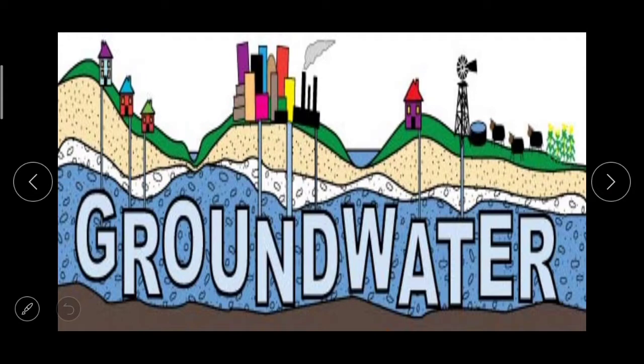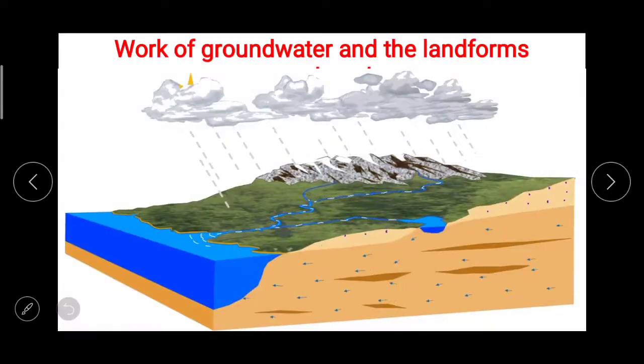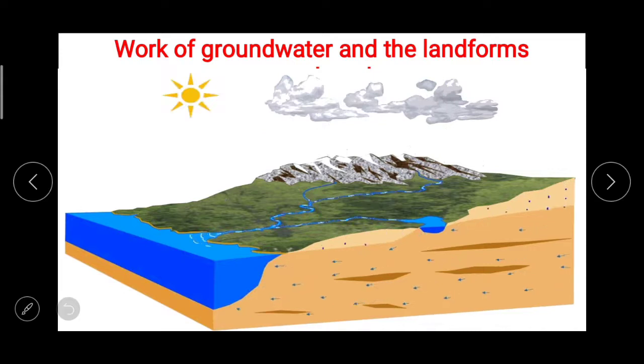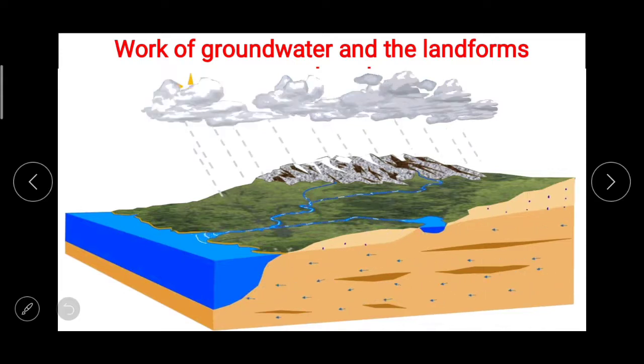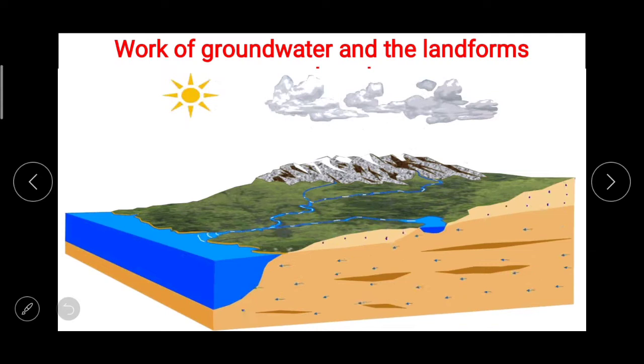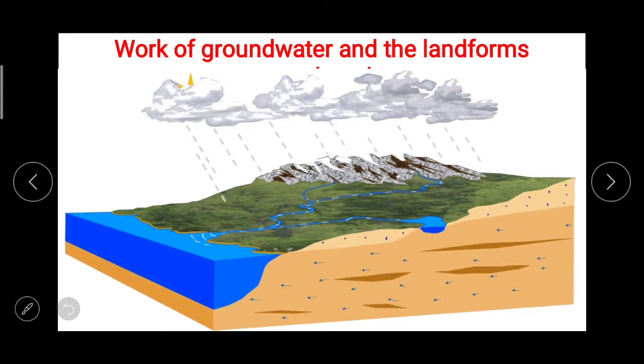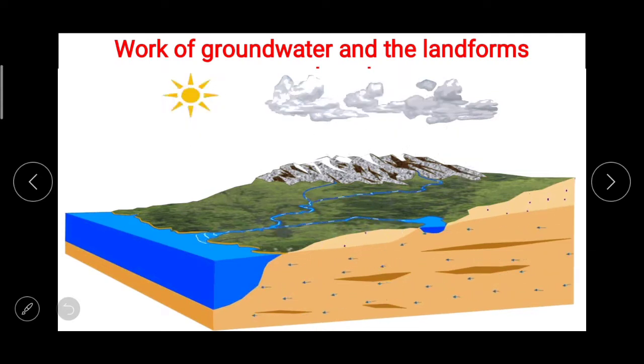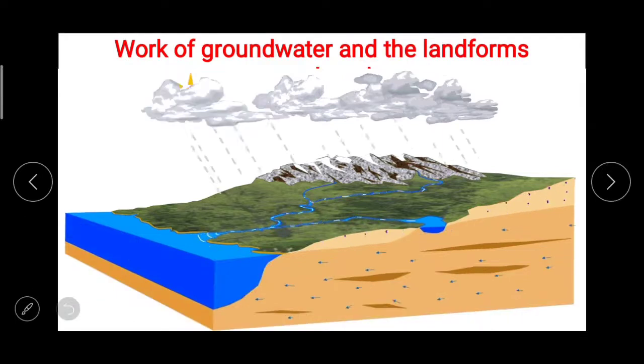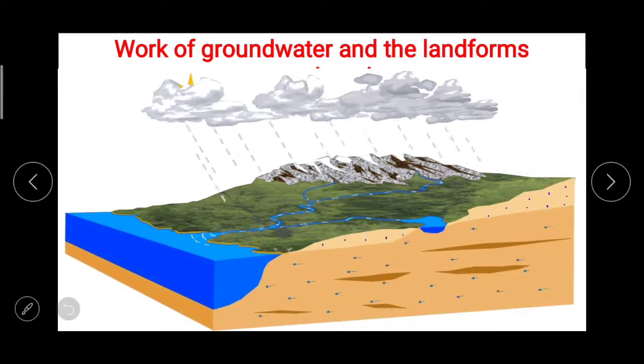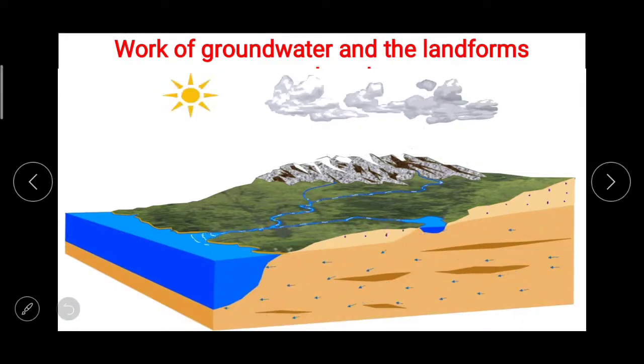This accumulated water is called groundwater, and the soluble minerals in the water get dissolved and flow with the groundwater. This is the erosional work of the groundwater. Here now very easily you can understand this process.